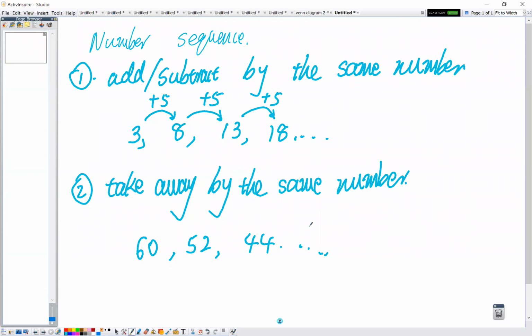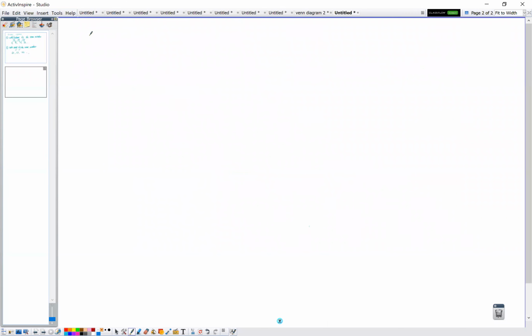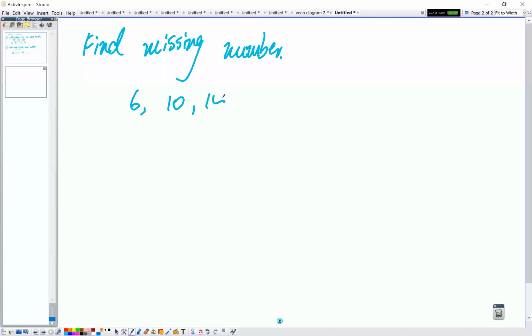So for example, we say find the missing number. Where is the missing number? For example, the question could give you a couple of numbers: 6, 10, 14.